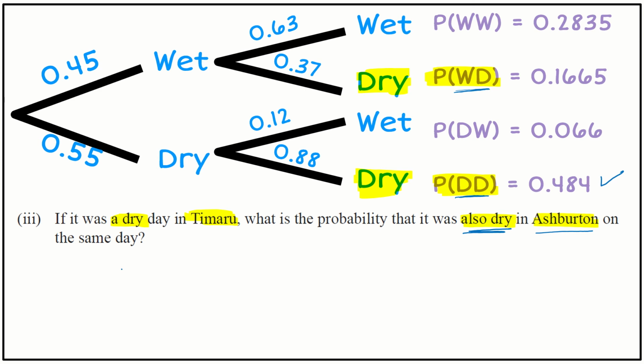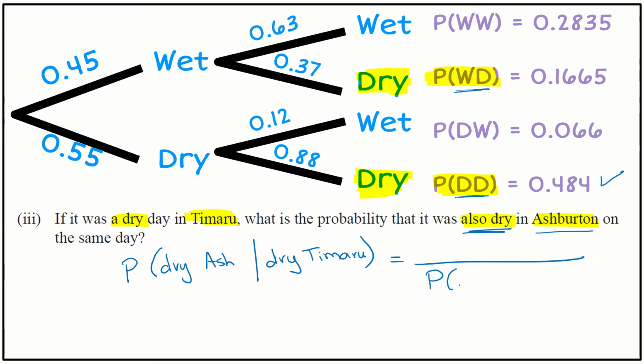So what I want is to find the probability that it is dry in Ashburton, given that it is dry in Timaru. So this is a conditional probability. So I need to divide by the probability of being dry in Timaru. And on the top, I need the probability that it is dry in Ashburton and in Timaru.